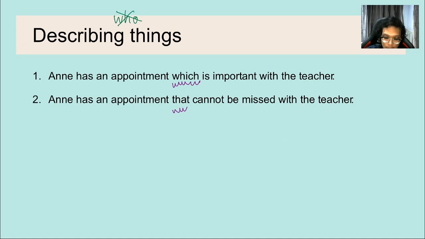In this case we talk about an appointment, and an appointment, meaning a scheduled meeting, is not a person; we count it as a thing, not a living being. It has no life, it is just a thing. So whenever we describe a thing we use which and that.